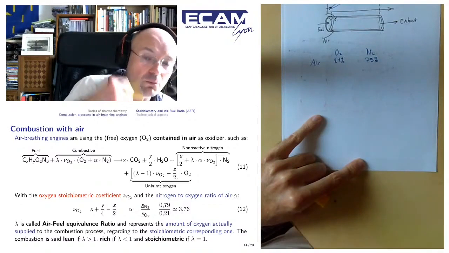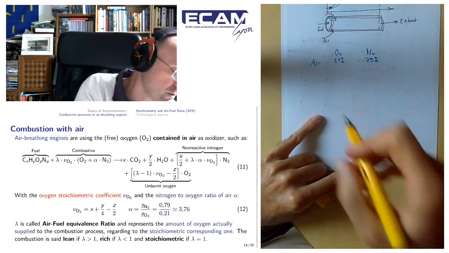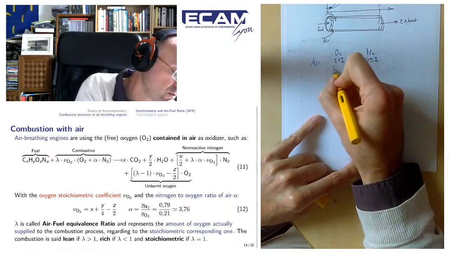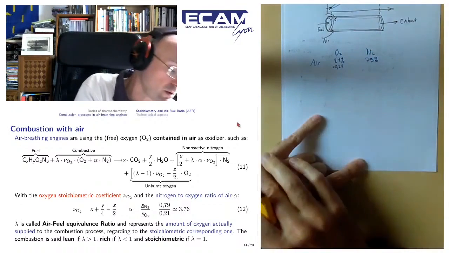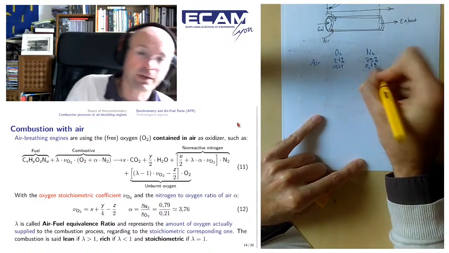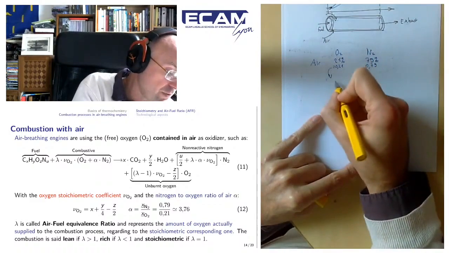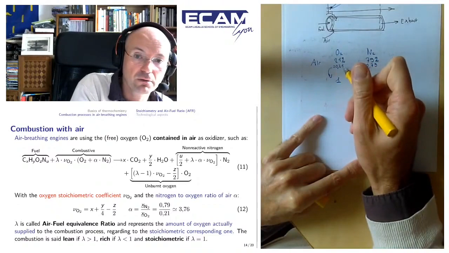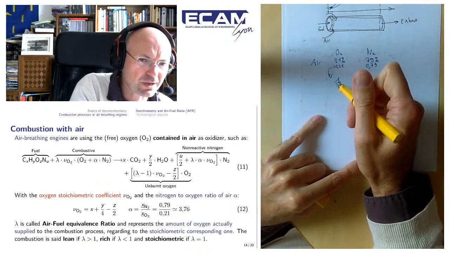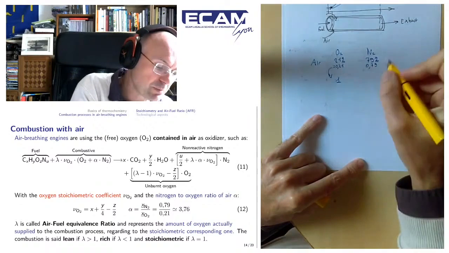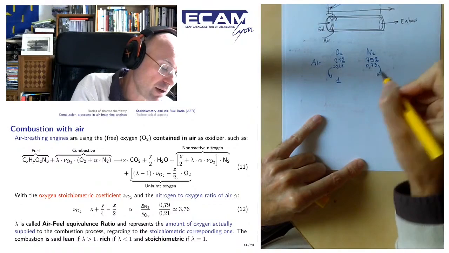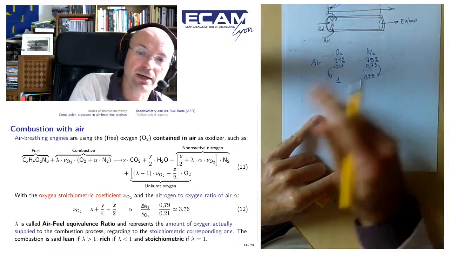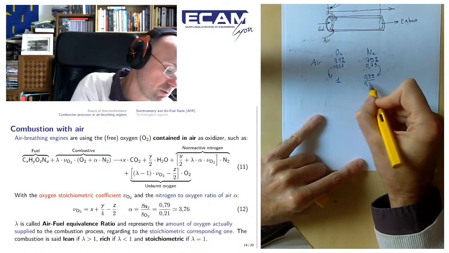So this one is obviously equal to 0.21, and this one 0.79. If I want to have 1 here, I just need to divide 0.21 by 0.21. This is high-level mathematics, please focus, it's complicated. And so it means that here I will have 0.79 divided by 0.21.